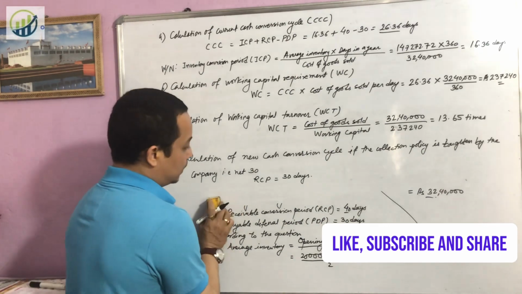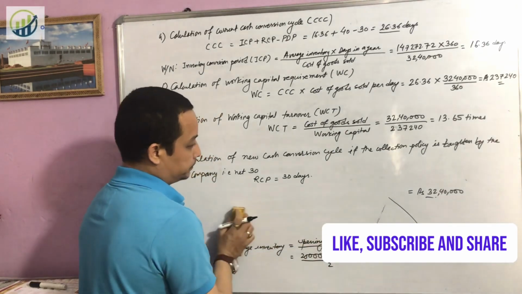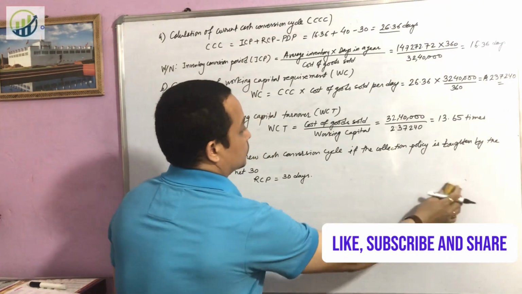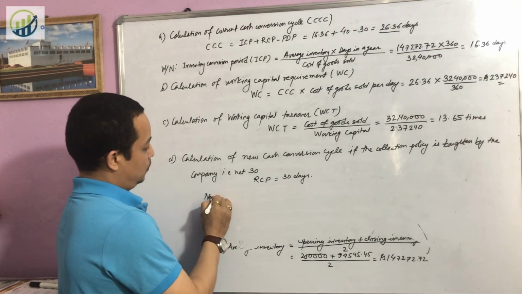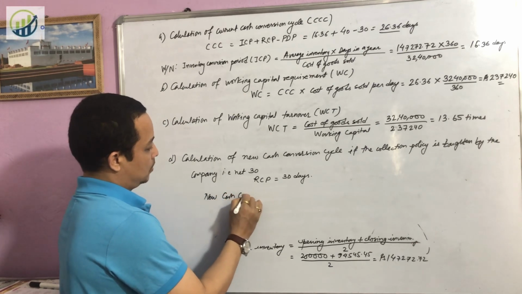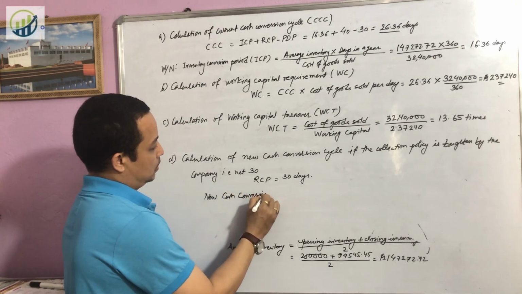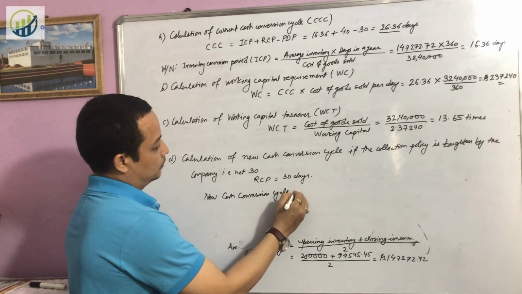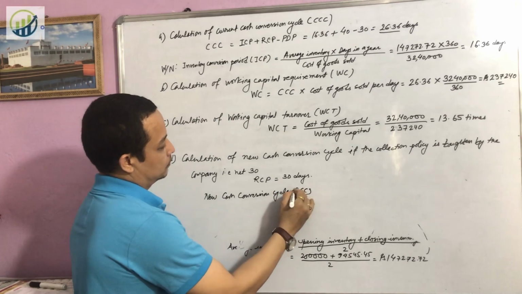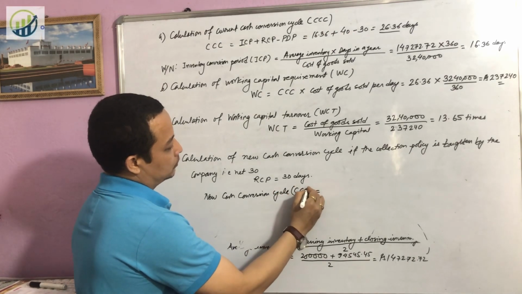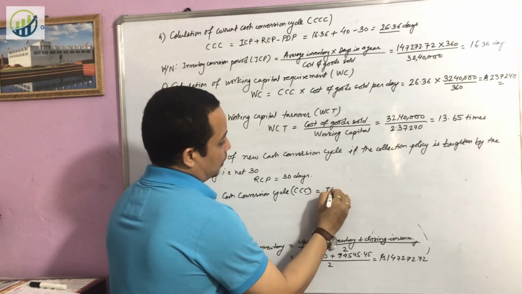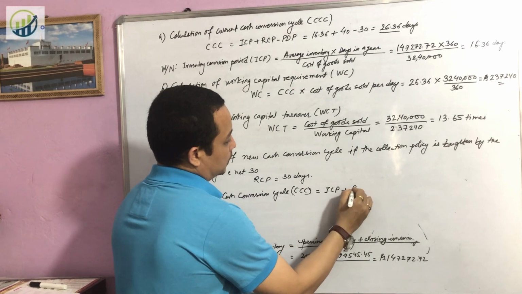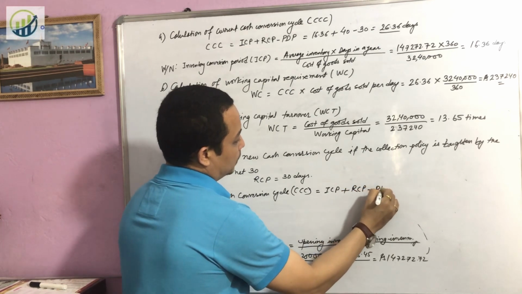So now let's find the new cash conversion cycle. New cash conversion cycle equals inventory conversion period plus receivable conversion period minus payable deferral period.